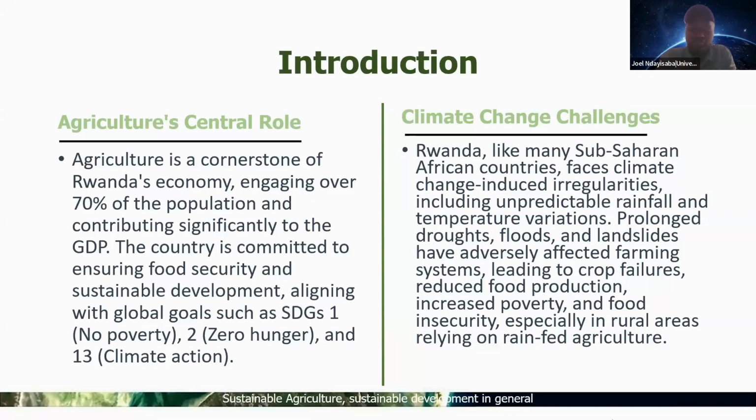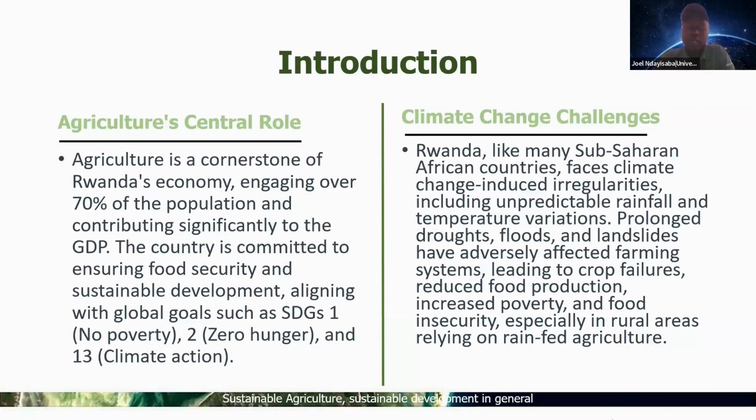We cannot just say zero hunger, because there cannot be any hungry person. So while we sustain our agriculture, climate action can be achieved as a goal.